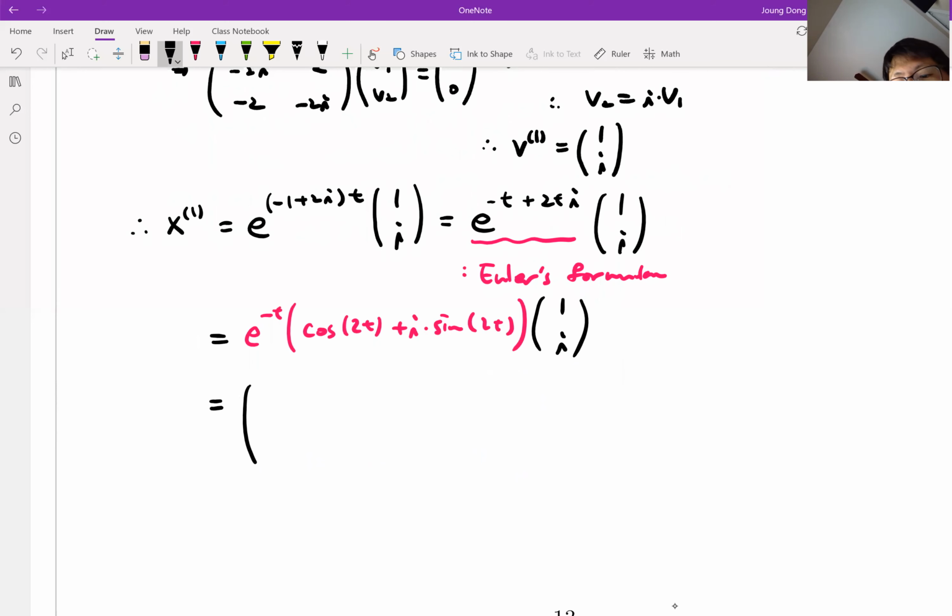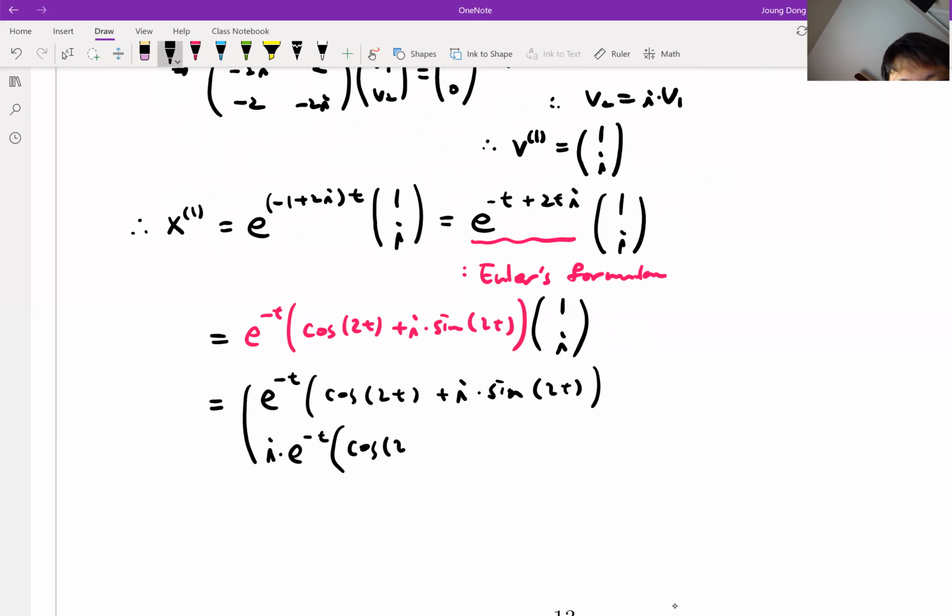I'm going to multiply the whole red part by the vector: e to the minus t, cosine 2t plus i sine 2t, and the second part is i times e to the minus t, cosine 2t plus i sine 2t.